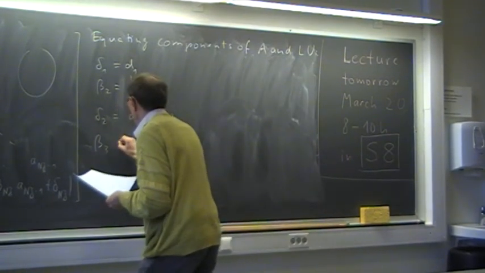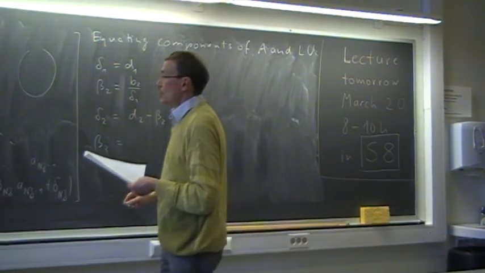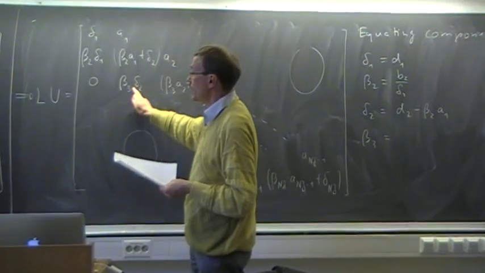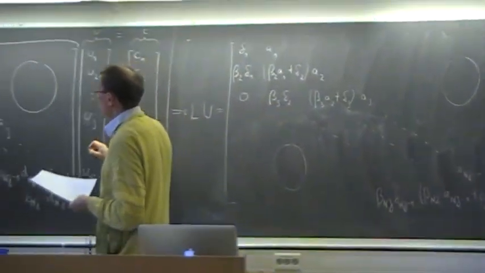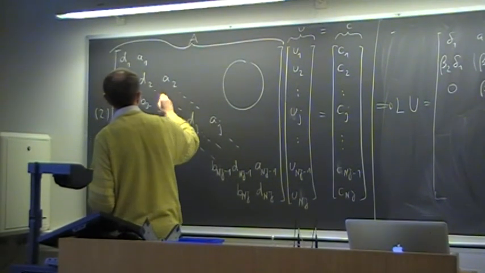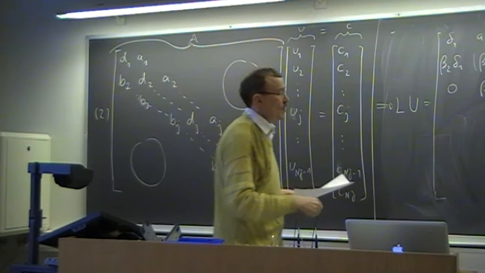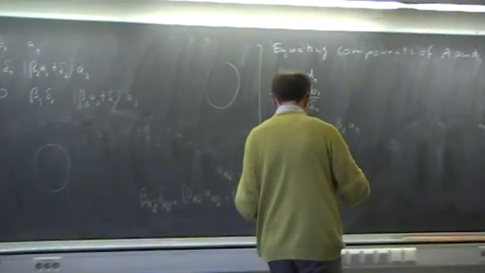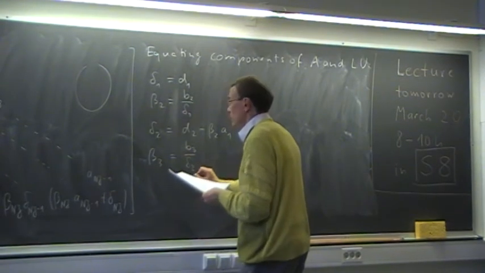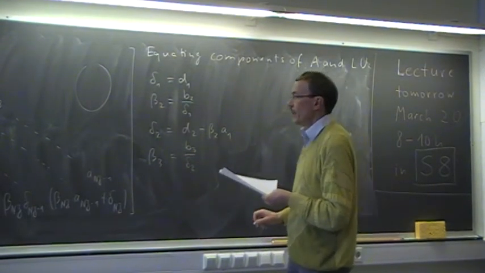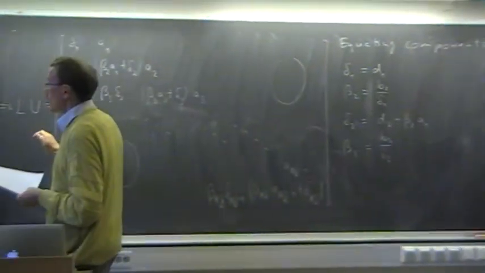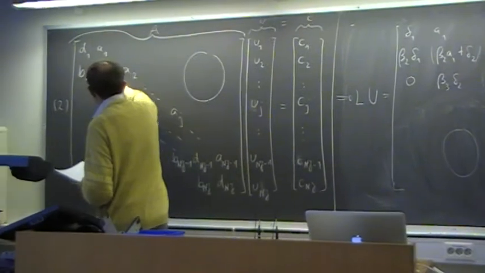Beta 3 is equal to, so that is this one, that will then have its counterpart here as the B3. So and so on. So we can just write this one, B3 divided by delta 2, and then this diagonal element will be equated with the D3.